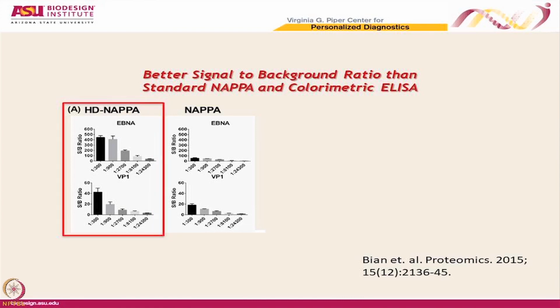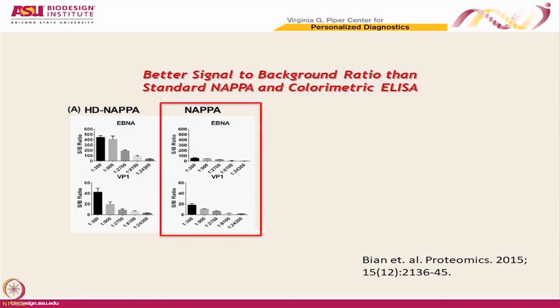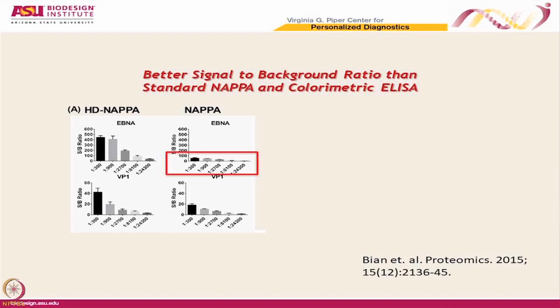We call that high density NAPA. And you can see that at pretty much every dilution, we're getting much better detection here than we are here. In fact, it kind of plateaus here at maybe 50 or 60 at a 1 to 300 dilution. At 1 to 300 on this platform, it's 450. So the signal intensity is much stronger on these high density NAPA arrays.